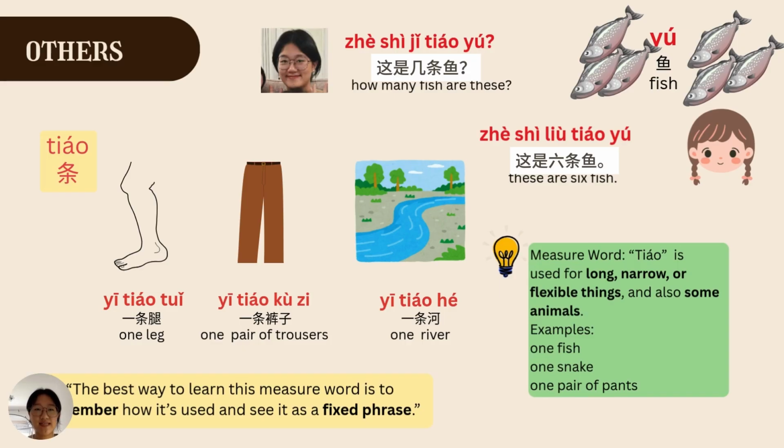How many fish are these? 这是几条鱼。These are 6 fish. 这是6条鱼。One leg, 一条腿。One pair of trousers, 一条裤子。One river, 一条河。The best way to learn 条 is to memorize the items that use 条.